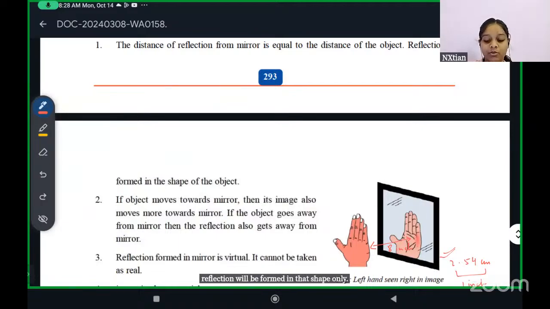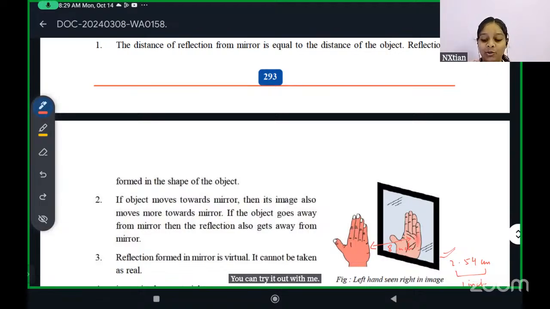If the object moves towards the mirror, then the image also moves towards the mirror. Have you placed your hand in front of a mirror and moved it closer? You can see the image in the mirror also moving closer. Try it out with me.